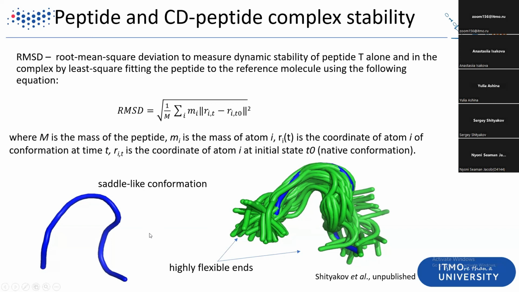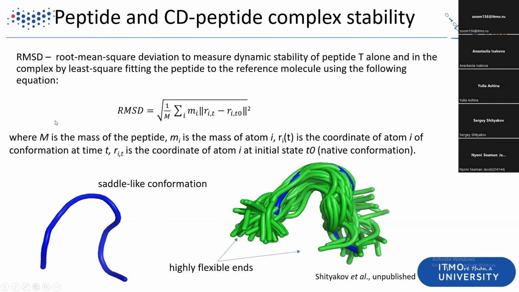When we put this peptide in the solution, it will adopt some kind of saddle-like conformation where the N-terminal and C-terminal parts of these peptides are highly flexible, and we could perform the root mean square deviation to measure the molecular dynamics, stability, and flexibility of these peptides by least square fitting of the peptide to the reference.